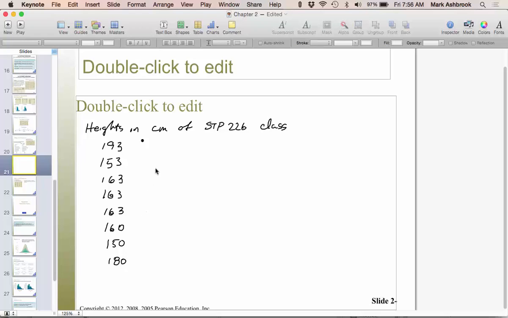In the back? 165? 173? 155? 170? 180? Should have done 2.54. 158? 173? 145? 163.